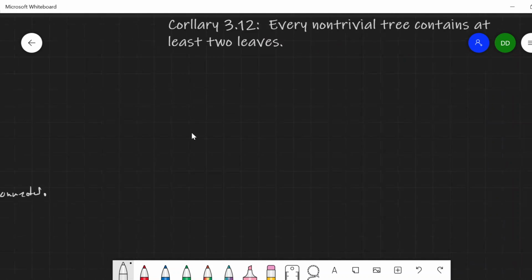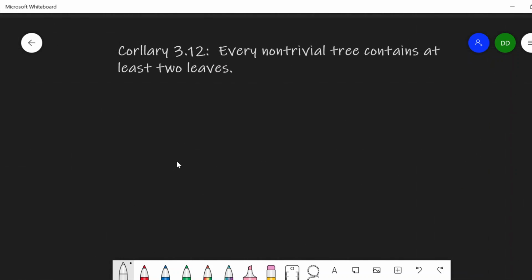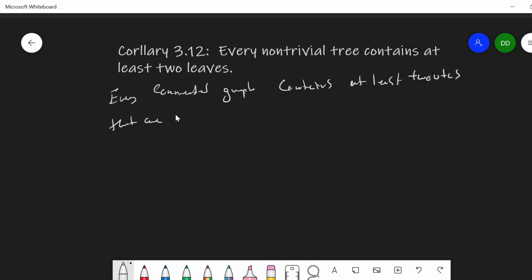Let me try and summarize that a little more clearly in case you missed it. Every connected graph contains at least two vertices that are not cut vertices. That was a theorem we proved.